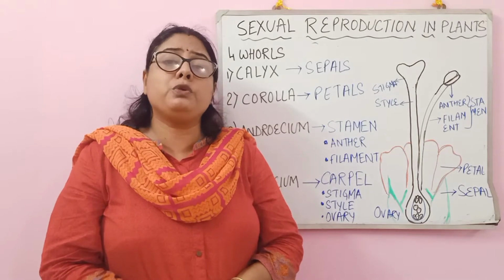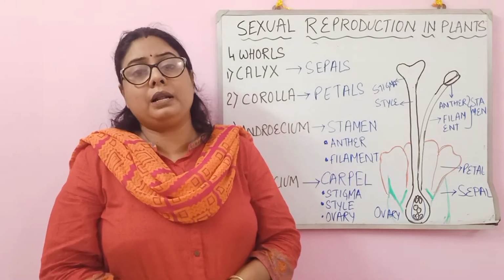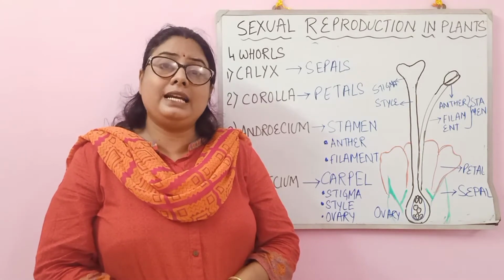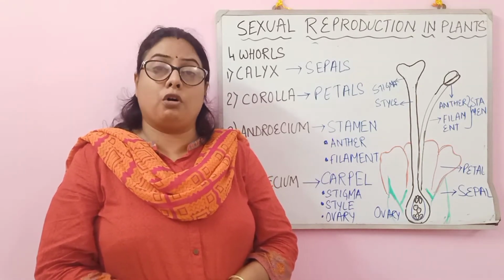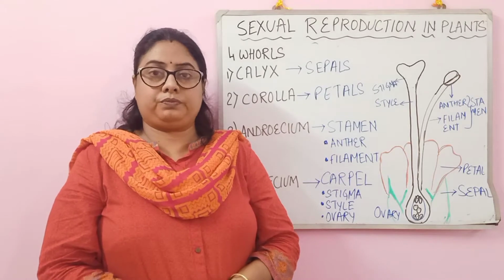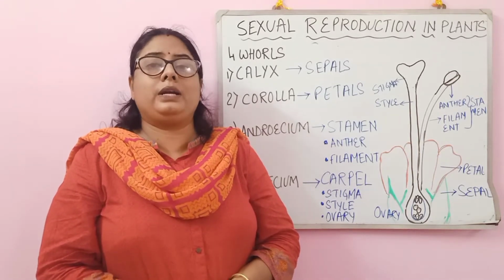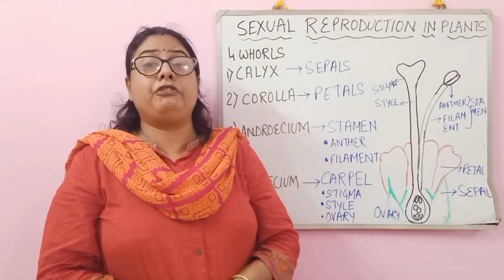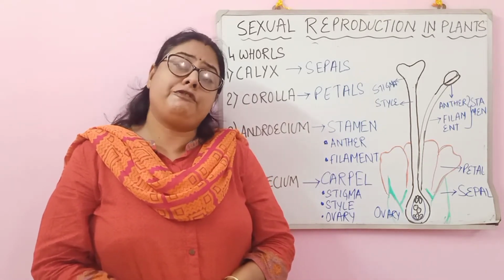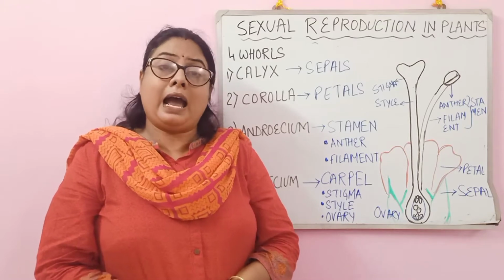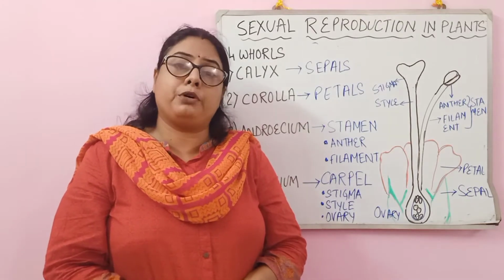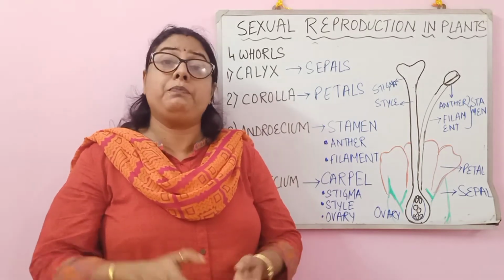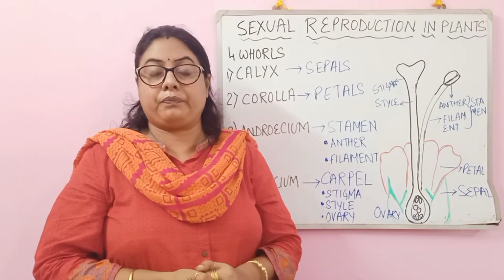Fertilization means fusion of the male gamete with the female gamete, leading to the formation of zygote. This zygote is a single cell formed by the fusion of male gamete with the female gamete and has the diploid number of chromosomes, that is equal to that of the parent organism.